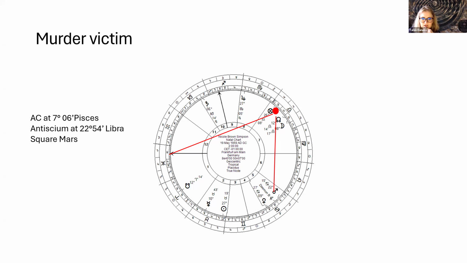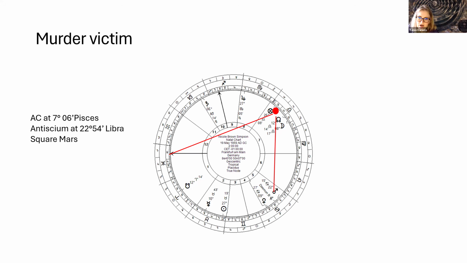When I looked at it, I found it really interesting that the Antiscia of her ascendant is at 22 Libra, which is in a divisional chart, but usually I use a whole sign house chart, and in that case, it would be in the 8th house from the ascendant.